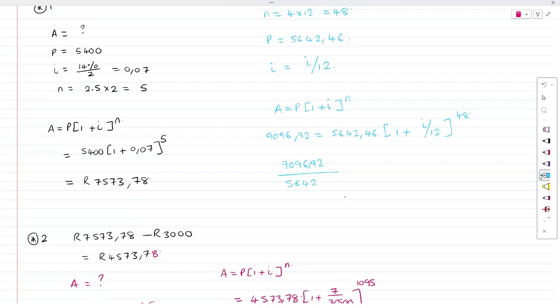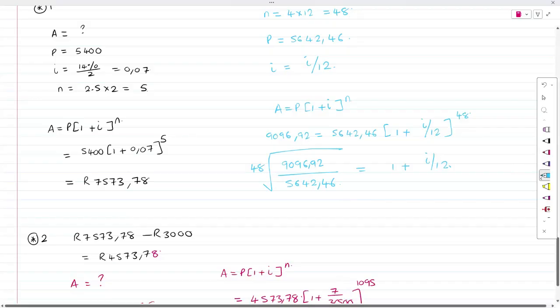I am going to take it over one time because it's less messy for me. I'm going to take the 48 over as well. So this should be 1 plus I over 12. This will be 9,096.92 divided by that answer, and I'm going to root it by 48.